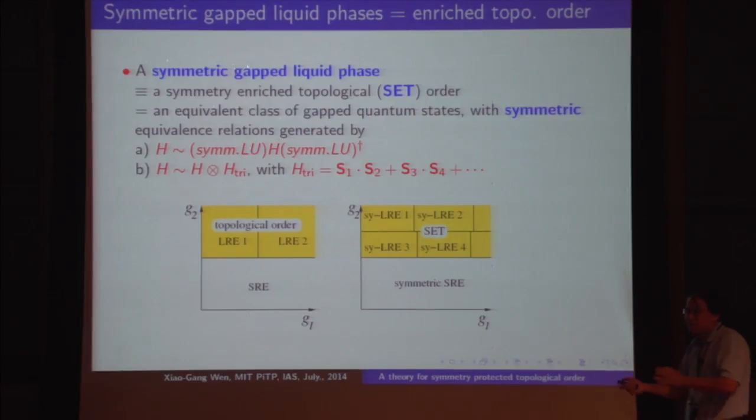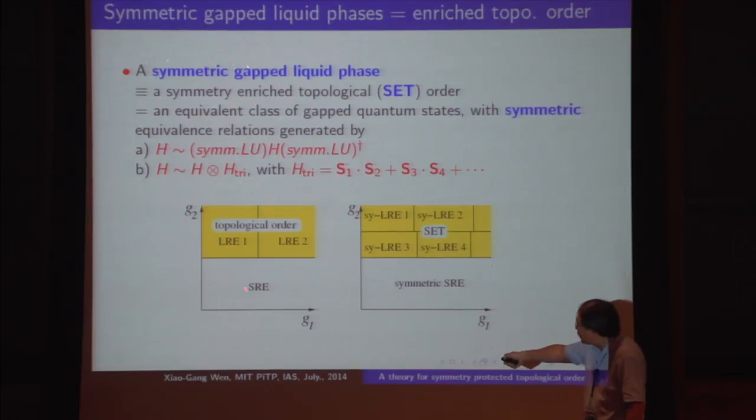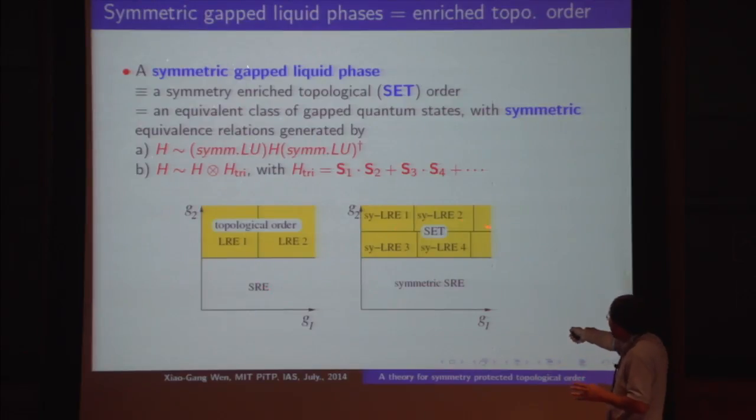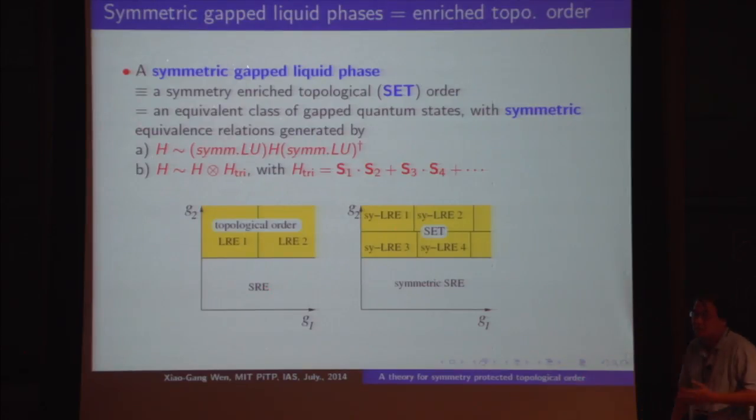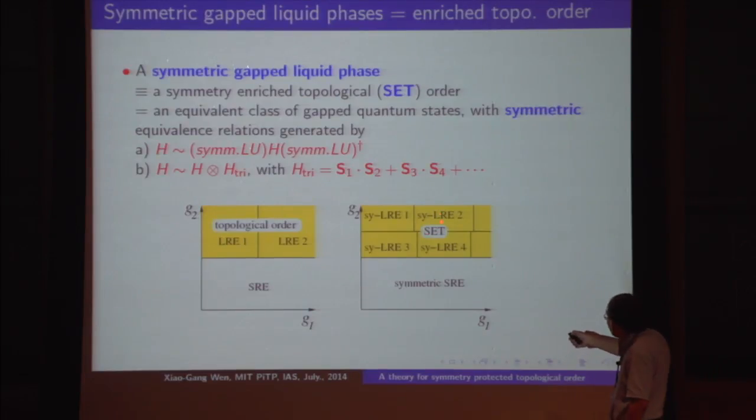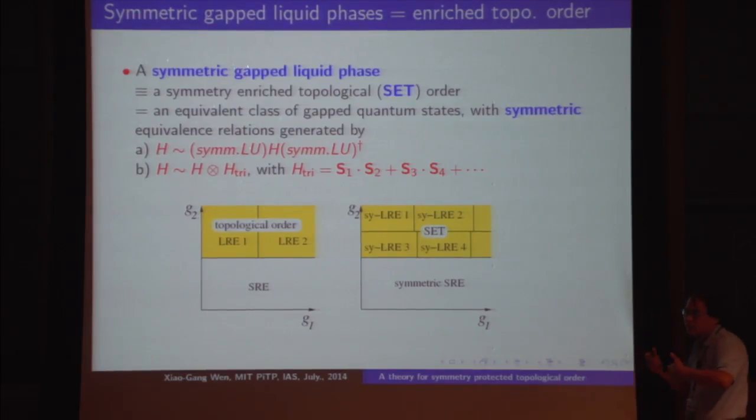So it's very similar, but because of the symmetry constraint, our equivalence relation is smaller, and then there are more classes. Naturally, we still have long-range entangled states and short-range entangled states, but when you add the symmetry, we have more classes. This larger set of classes we call symmetry enriched topological order.